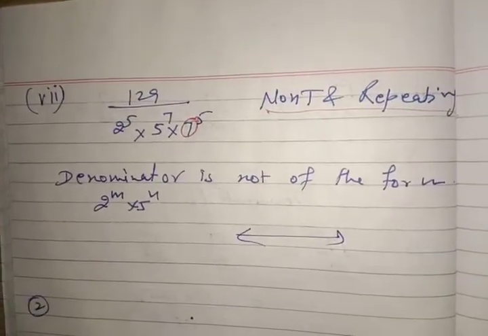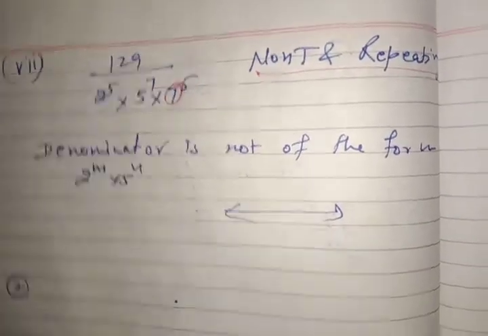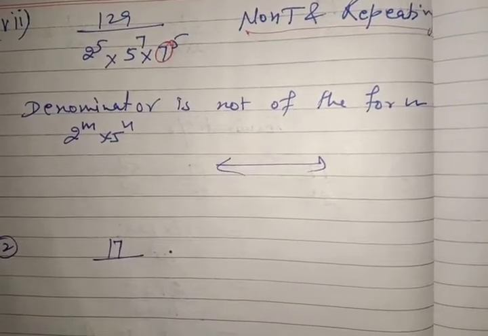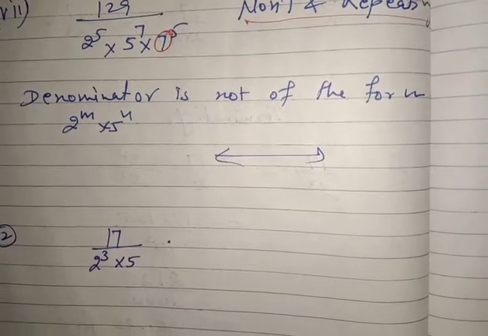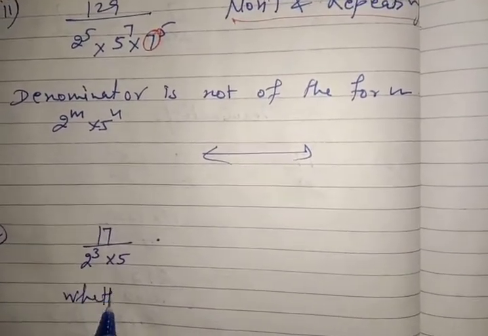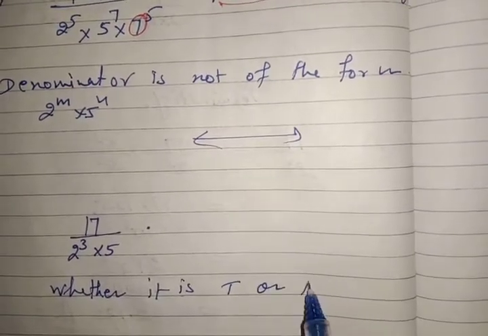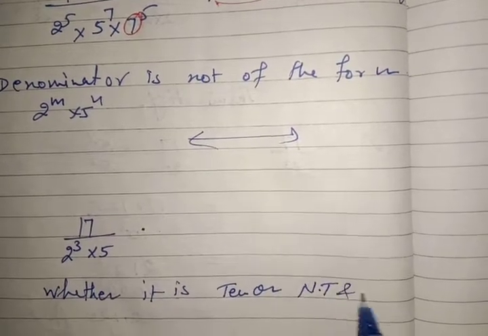We have done the second question also, but I want to discuss one extra question here. Suppose I write this question: 17 over 2 raised to power 3 into 5. First of all, my question is whether it is terminating or non-terminating and repeating.